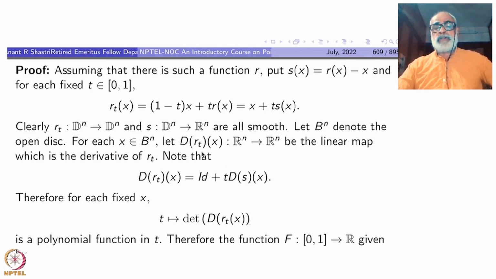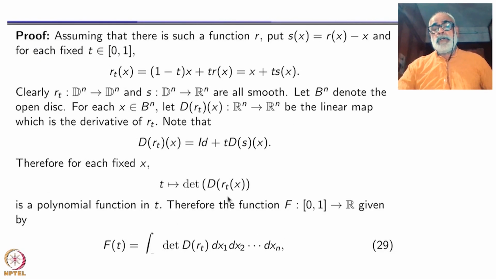You may wonder what is happening. Rt, where t is frozen here, is one single map. For each fixed x, now you look at the function t going to the determinant of this linear map. This is a linear map from Rn to Rn, right? So you can talk about its determinant, d of Rt at x.